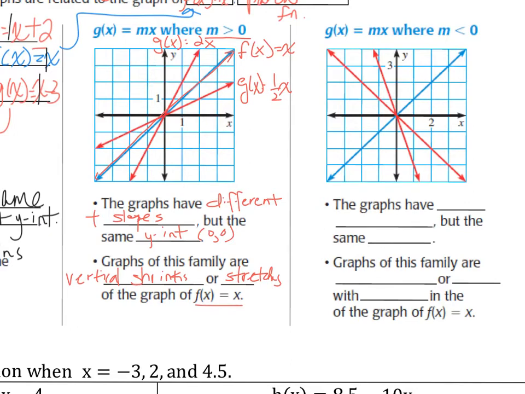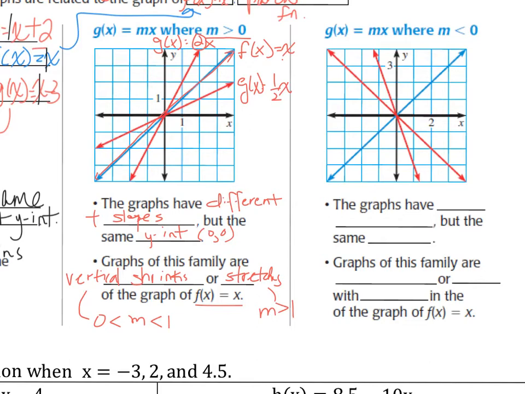When we have a vertical shrink, the slope is between 0 and 1. And when we have a vertical stretch, the slope is greater than 1. So if we look at g of x equals 2x, the slope here has stretched from 1 to 2. That's why it's steeper.